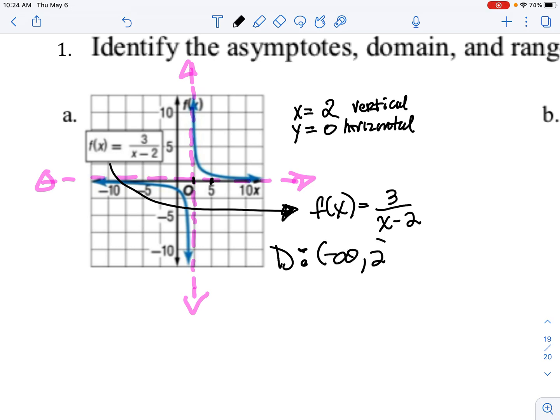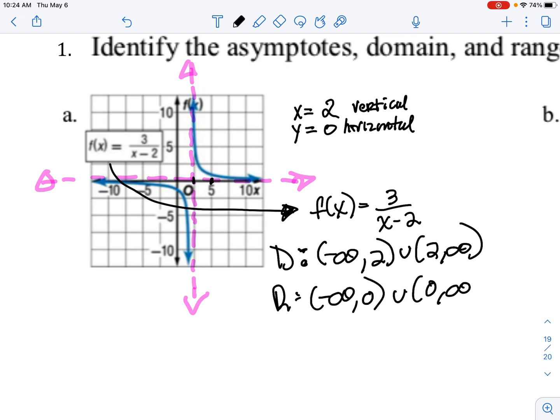So negative infinity to 2, union 2 to infinity. And then my range, negative infinity to 0, union 0 to infinity, okay? Because we know we can't have 0, because look, there's a pink line through the x-axis, so the y value is never 0.